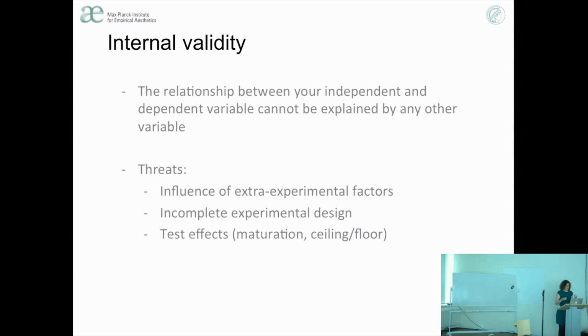So what you could do to deal with that is you could enhance the sensitivity of the questions. For example, instead of a scale from 1 to 7, you could use a scale from 1 to 100. This would obviously cause problems of a different kind as well.